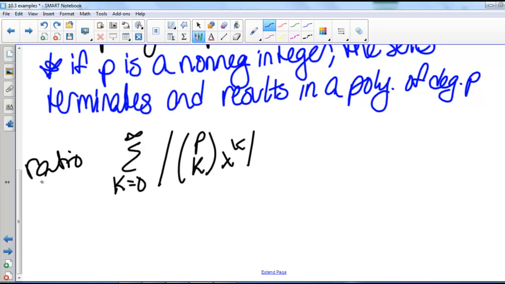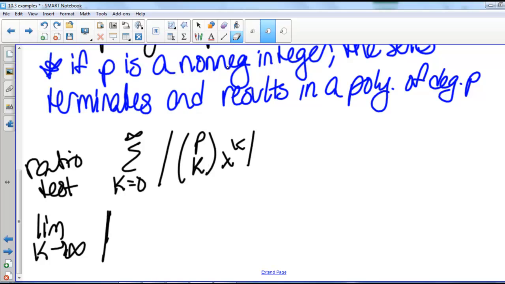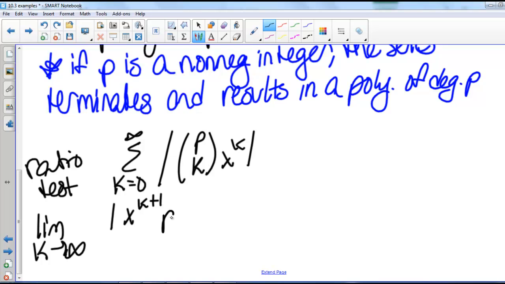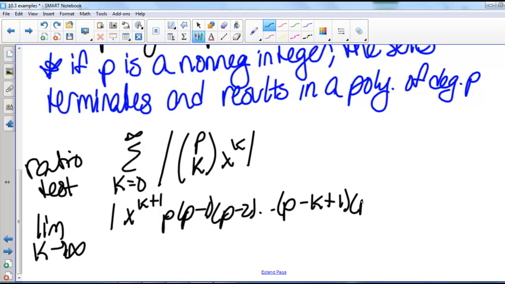So using the ratio test, we have the limit as k goes to infinity of the absolute value of x to the k plus 1 times p minus 1 times p minus 2, etc., up to p minus k plus 1 times p minus k, divided by k plus 1 factorial.